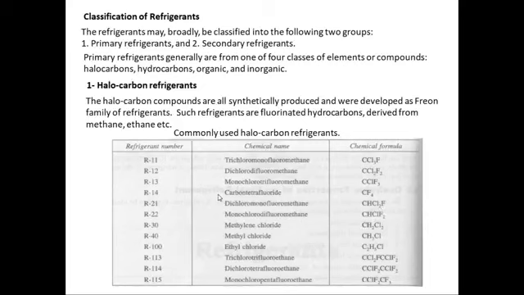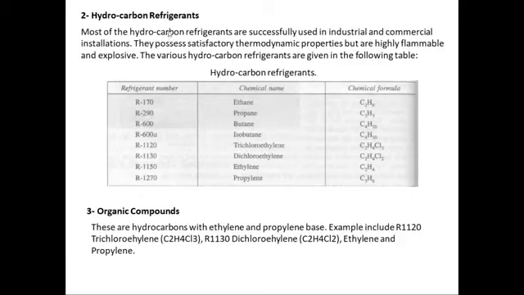Moving on, the next group is the hydrocarbons, HC, which are also organic compounds. Most of the hydrocarbon refrigerants are successfully used in industrial and commercial installations. They possess satisfactory thermodynamic properties but are highly flammable and explosive. As you can imagine, all hydrocarbons, whether methane, ethane, propane, butane, are flammable. They easily catch fire.